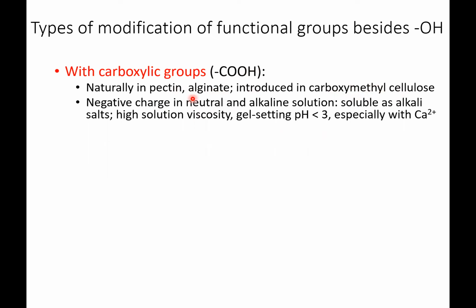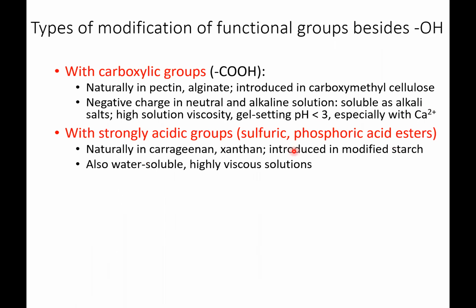They have the property of a negative charge in neutral and alkaline solution. This proton is going to come off. And then you have options of gel setting at specific pHs, for example, with a 1 or 2 valent cation.